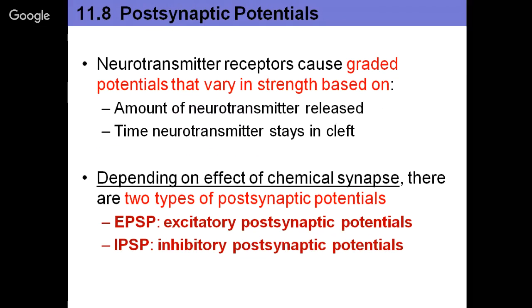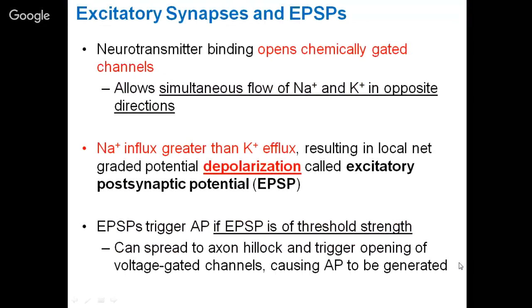Also, the postsynaptic potential depends on the effect of the chemical synapse. There are two types of postsynaptic potentials. We call them, in short abbreviations, EPSP, which stands for excitatory postsynaptic potential, or IPSP, inhibitory postsynaptic potential.